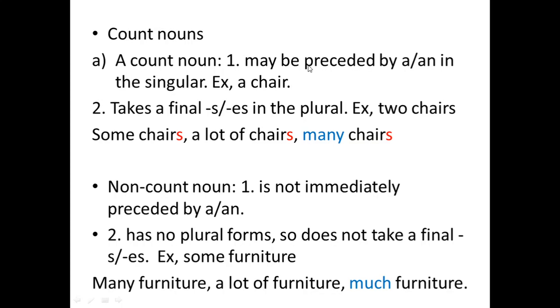How? Actually, preceded means if something came before the count noun. Just like this example. Chair, we said, chair is a countable noun. It is a count noun, right? So we used a or an with chair.